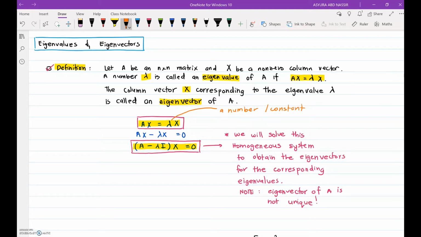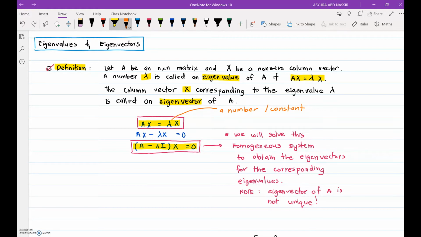Since lambda is a constant, when you want to subtract it from A, you need to put the identity in your lambda, so it means a matrix minus a matrix. That's why we have this formula, (A minus lambda I) x equals 0.